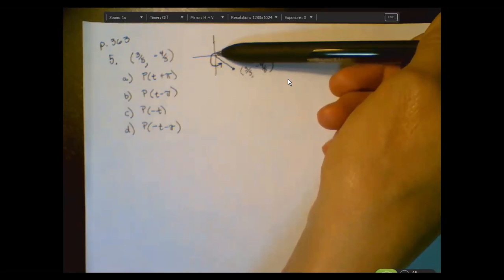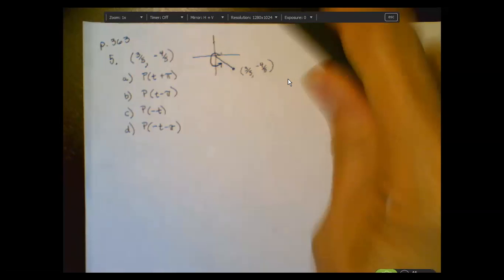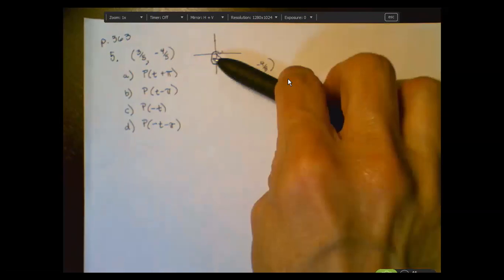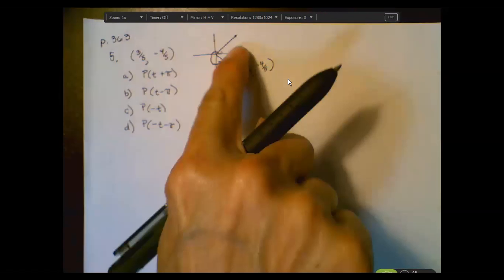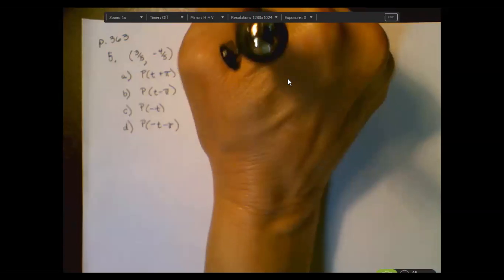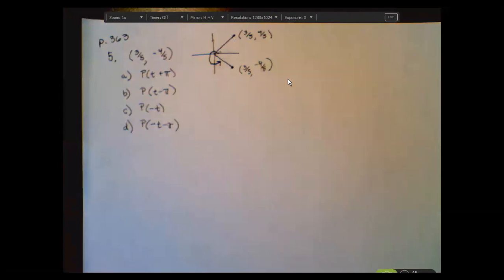Is it 1? Yeah. If I go the same distance but the opposite direction, I'm going to be 1/4, 2/4, 3/4, 4/4, 5/4, 6/4, 7/4. I'd end up in the first quadrant instead of the fourth quadrant. And then both of my coordinates would be positive because I'm in the first quadrant. Did that make sense?